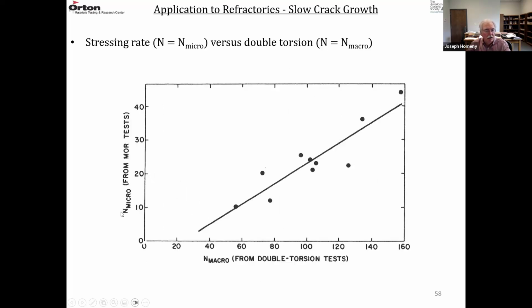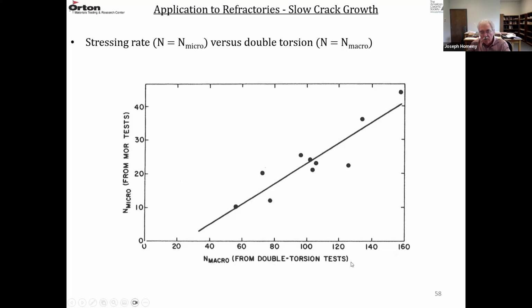So if we plot N micro versus N macro, this is the stressing rate experiment for short cracks, N micro, and for long cracks, we get a relationship like this. So what this is showing is that the longer the crack, the bigger the N value.